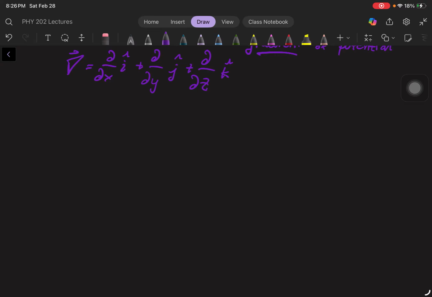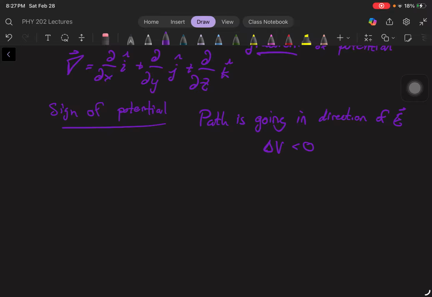And let's briefly talk about the sign of potential. If the path is going in the direction of E, then we have delta V is less than 0.